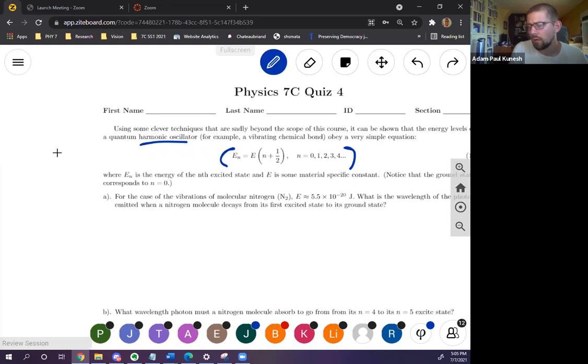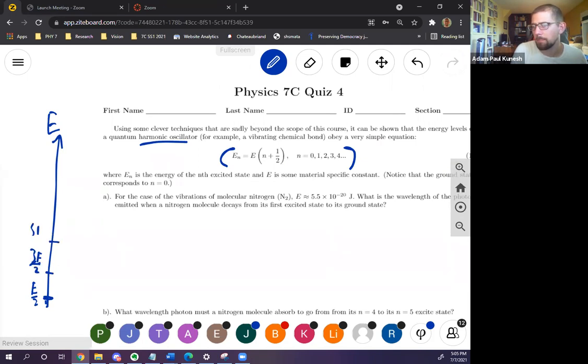So to draw this on an energy axis, this one starts off at E times n plus 1/2, so this will be E over 2. The next one will be 3E over 2. Then 5E over 2, and so on. They're linearly spaced out, these energies, 7E over 2.